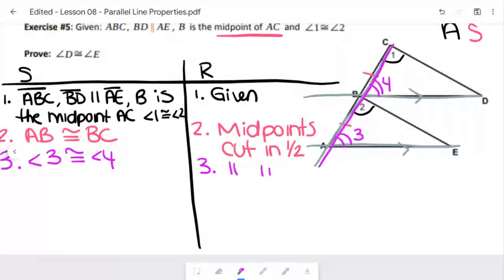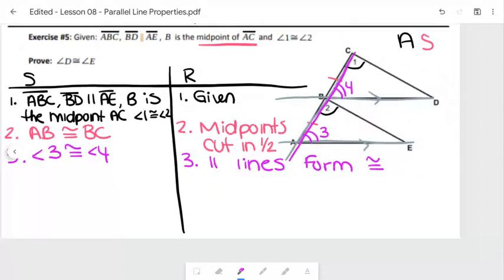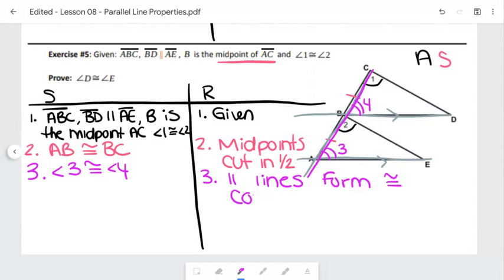So it's the other type of angle a parallel line forms. So parallel lines form congruent corresponding angles. So it's important not to just get the habit of alternate interior, even though that one probably does come up more often, because this was a case of corresponding angles.